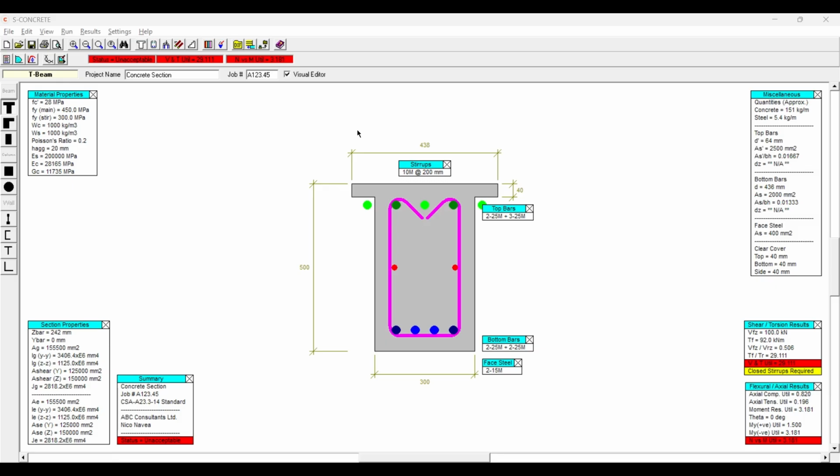Material properties of 28 MPa concrete and 415 MPa reinforcing steel were assigned in accordance with NSCP 2015 and ACI 318-14. The applied factored load was 92 kN per meter, producing a maximum shear force of 368 kN at the supports and a maximum bending moment of 736 kN meter at midspan.